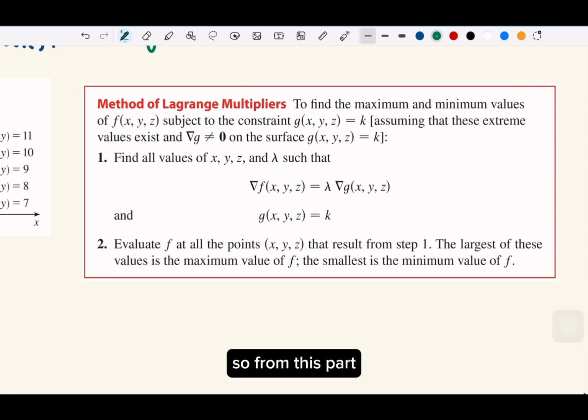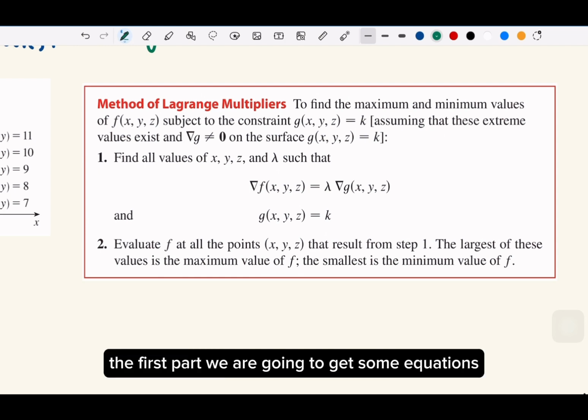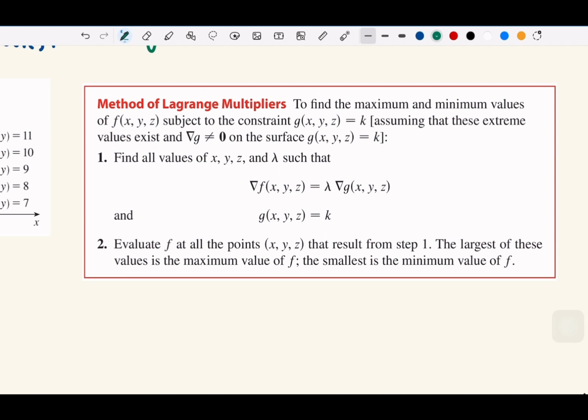From this first part, we are going to get some equations.